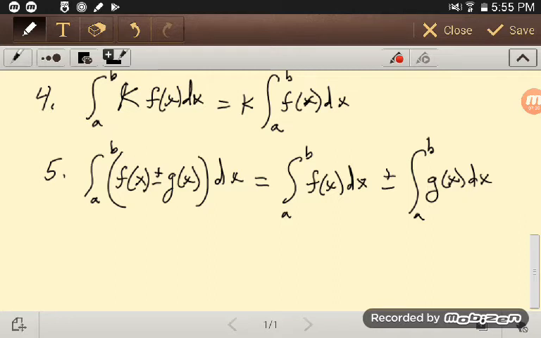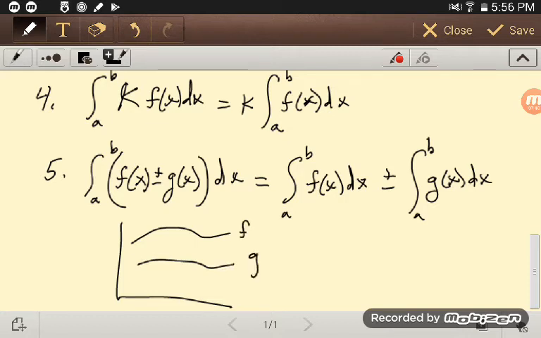A way to interpret that, now it's not really quite what's going on, but a way to interpret that is, suppose this is f and that's g, and I think of the subtraction, then f minus g is this stuff. Here's a and here's b. F minus g is sort of these heights in here, right?